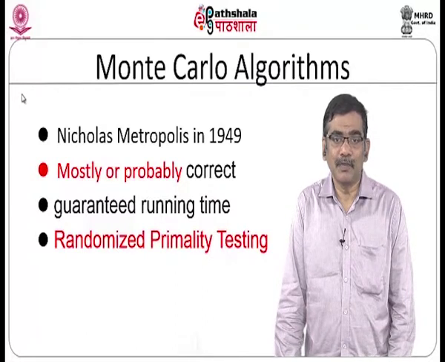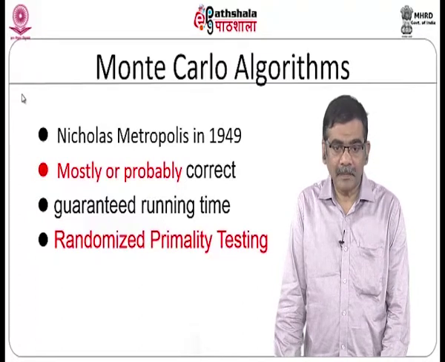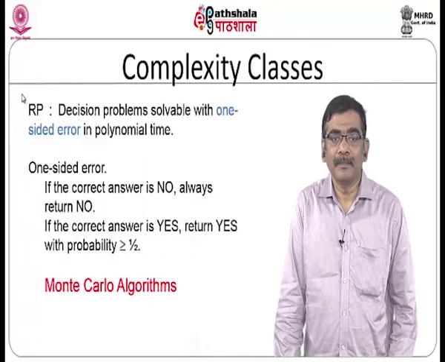So, it is mostly or probably right, and it guarantees polynomial running time, and you have lots of examples for this. One is called randomized primality testing.